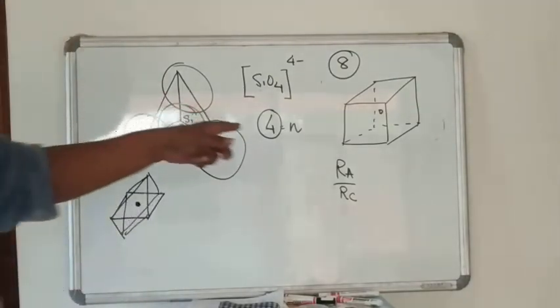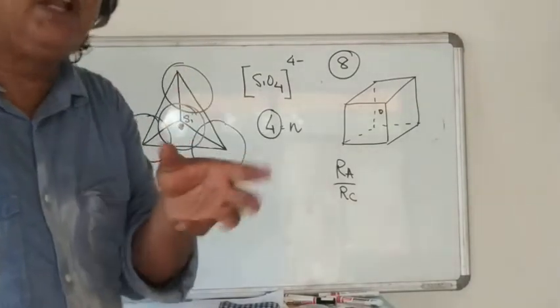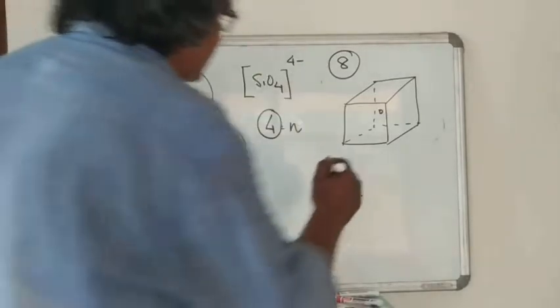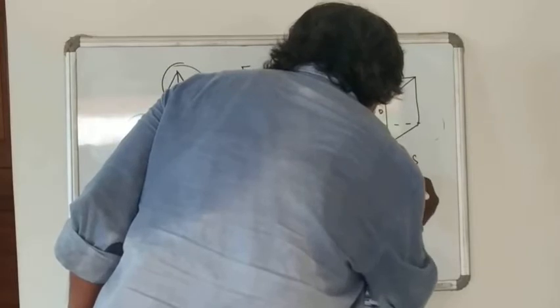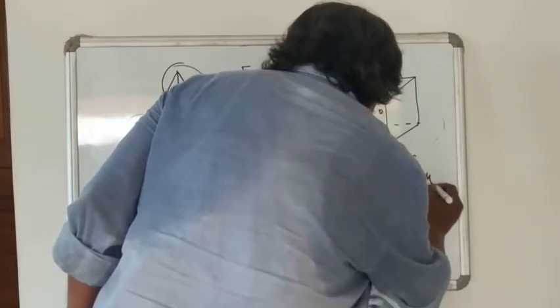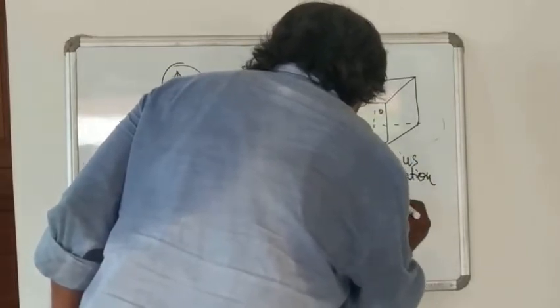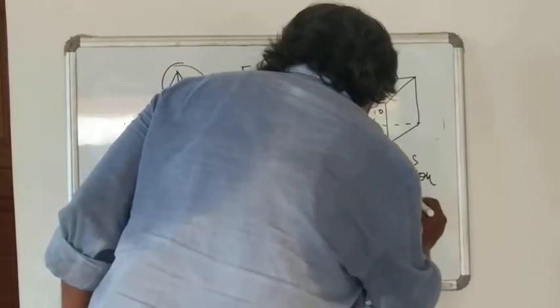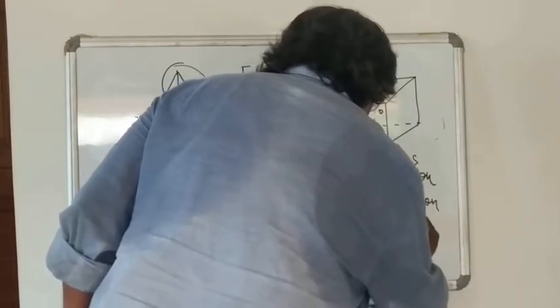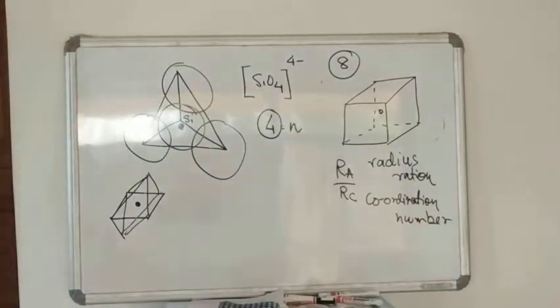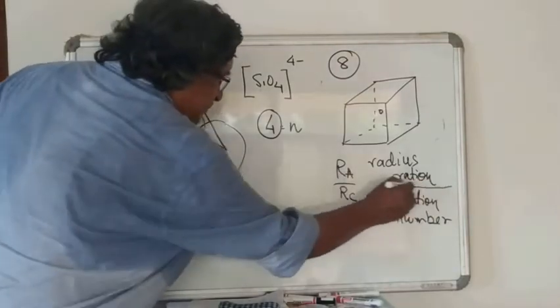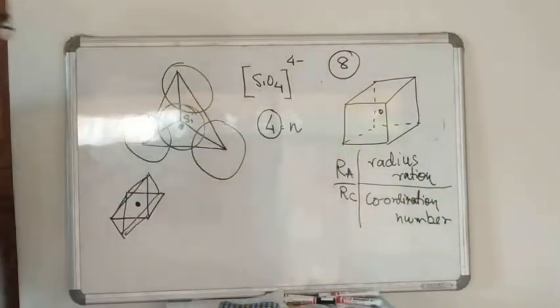So this is the coordination number. It is related to something called the radius ratio. So you have 2 terms now, radius ratio and coordination number. These are the two important points that I would like to make.